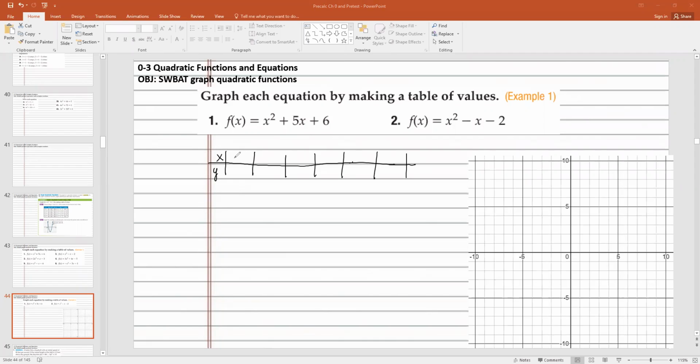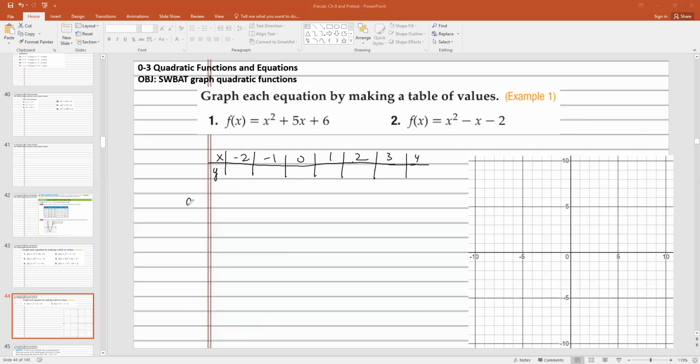I'm going to do -2, -1, 0, 1, 2, 3, 4. Let's do it like that. And then what we want to do is plug in those values. Those are the x values. We're going to input them into our function.